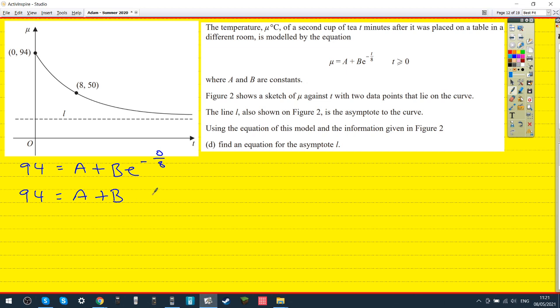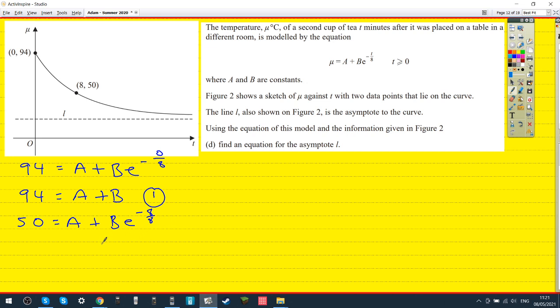Now would you do the same with the other one and solve it as simultaneous? We can try. So you get 50 equals a plus b e to the power of minus 8 over 8. I was afraid this would be some crazy thing. Oh, 8 over 8, is it? That's not too bad, which is minus 1.